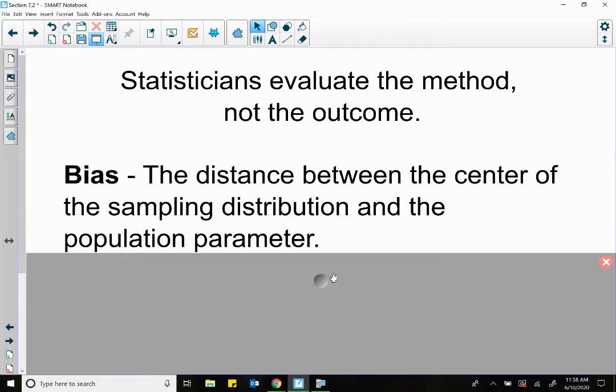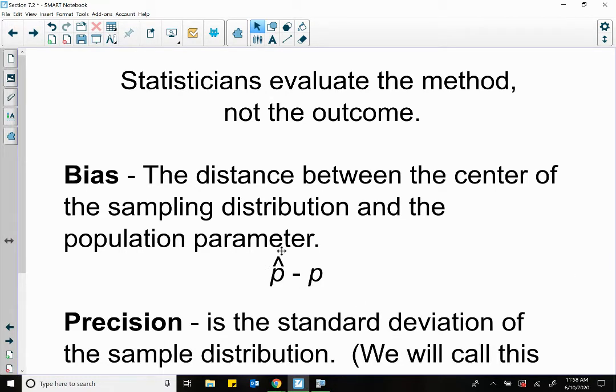We've talked about bias before, but now we're going to put a little bit of math behind it. Bias mathematically means the distance between the center of the sampling distribution and the population parameter. In general, what we're looking at is p hat minus p.